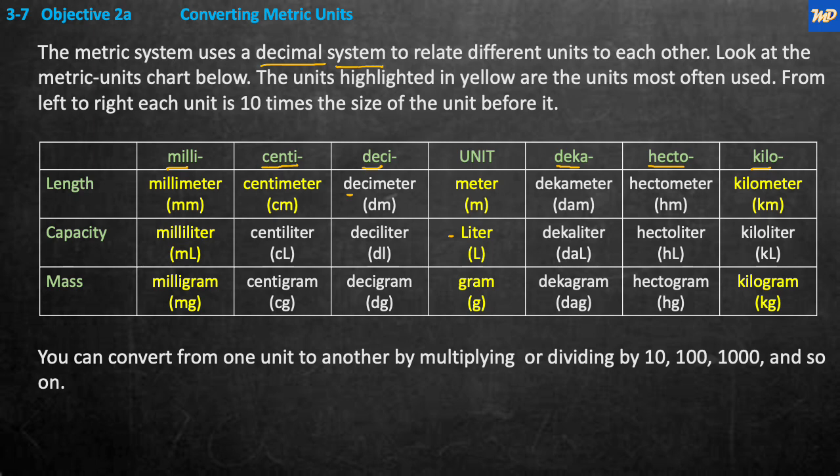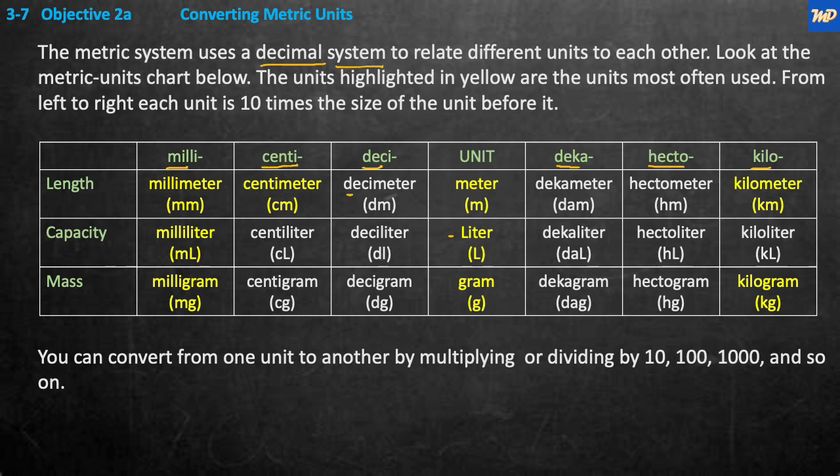For mass, we have a milligram, 1,000th of a gram, and we found out that a milligram, an mg, you see a lot in medicine, on your bottles of medicine, they sell medicines measured in milligrams quite a bit. A milligram is about the weight of a speck of sawdust, I think they said. A centigram is 10 times larger than a milligram, and that's a cg.